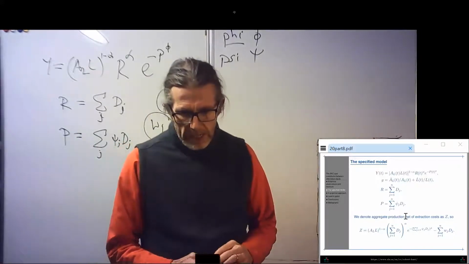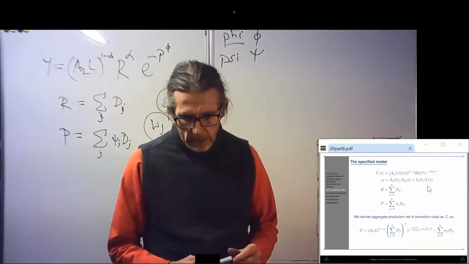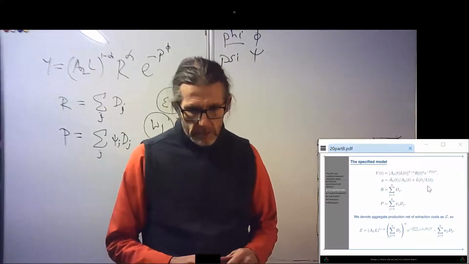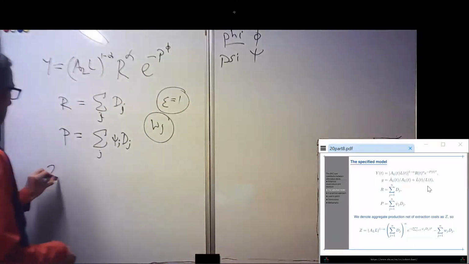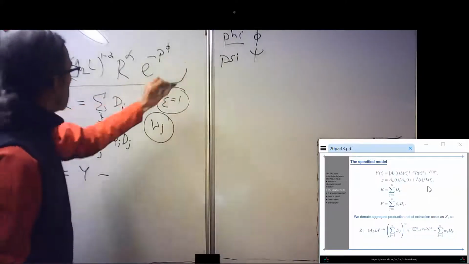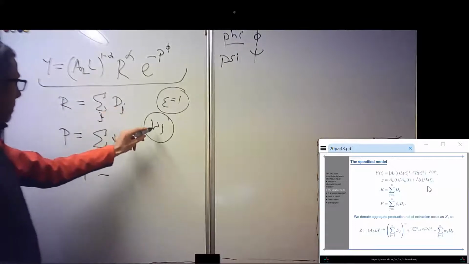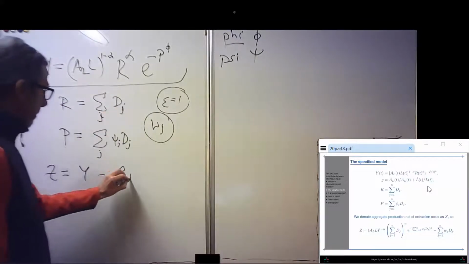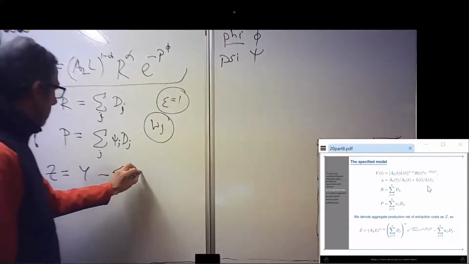We denote the aggregate production net of extraction costs as Z. So Z is Y. That was Y, wasn't it? Z is Y minus the sum over J of Wj Dj.